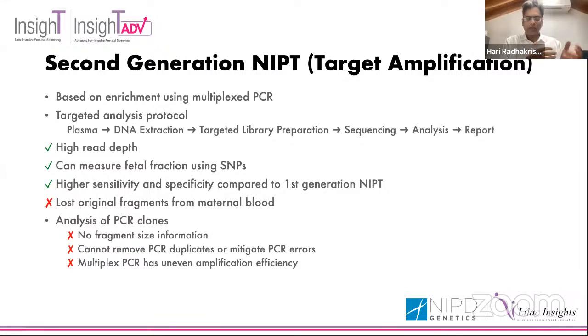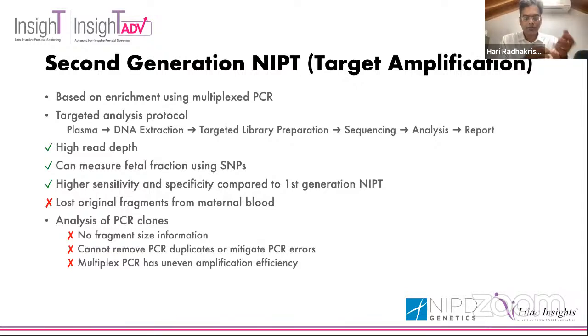After the cell-free DNA is extracted from the maternal plasma, it goes through a targeted library preparation where they use multiplex PCR. We are all experts in PCR now, so I'm not going to belabor that. They use multiplex PCR to amplify certain regions of the chromosomes of interest. So you only target the 5 chromosomes that are of interest. We amplify those regions using PCR, and then we look at those regions in a lot of depth.